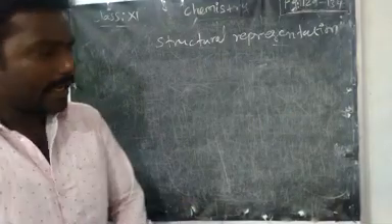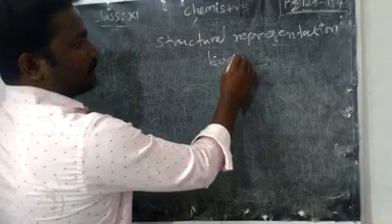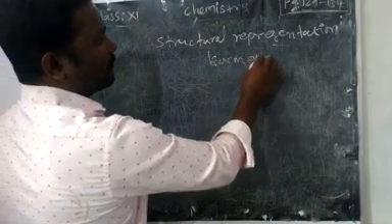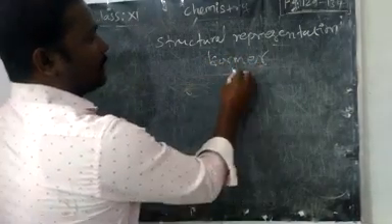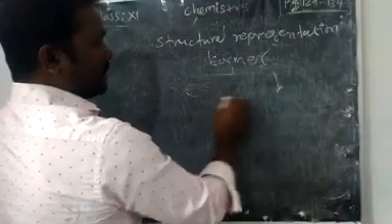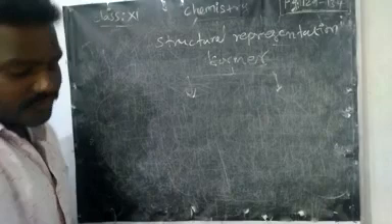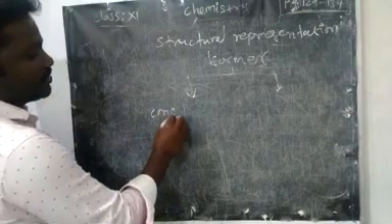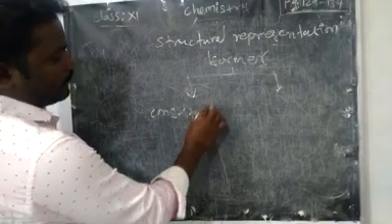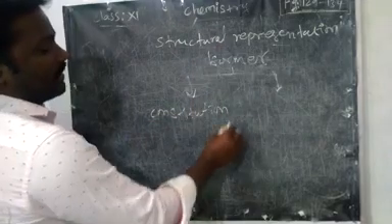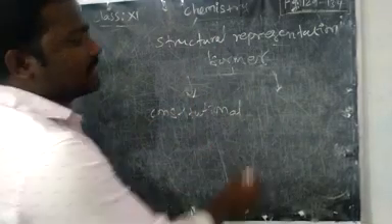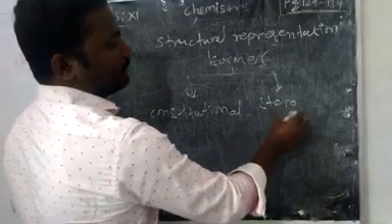Isomers can be divided majorly into two types. One is structural isomerism, nowadays called constitutional isomerism. The other is stereoisomerism.